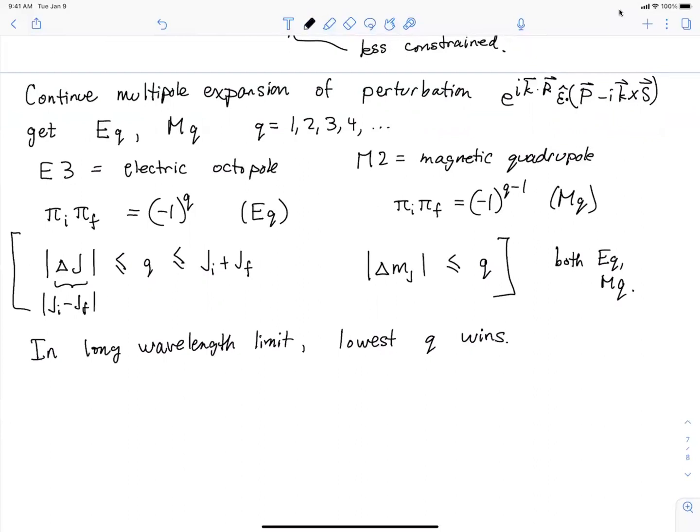And by allows, it just means the selection rules are obeyed. So when I say lowest Q wins, you might ask, well, which Q, EQ or MQ? And the answer is it's always one or the other, just because these two selection rules won't allow both of them to occur at the same time. So whichever Q is the lowest Q will be either electric Q or magnetic Q.